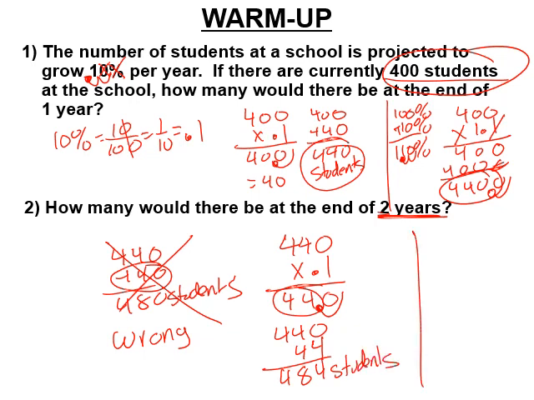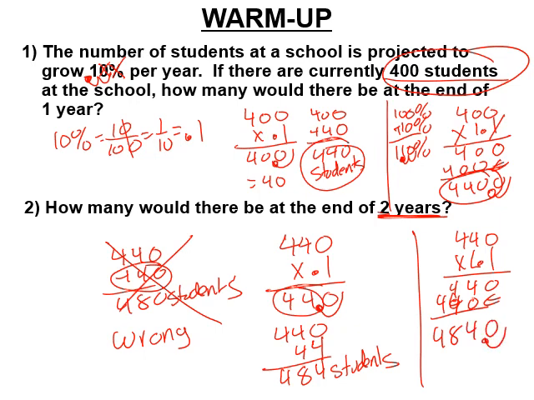Or done with the other method, it would be 440 times 1.1, and you get 484 students either way. So when you do the second and third year, you need the answer from the previous year.